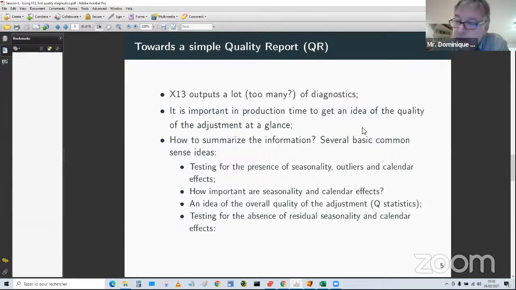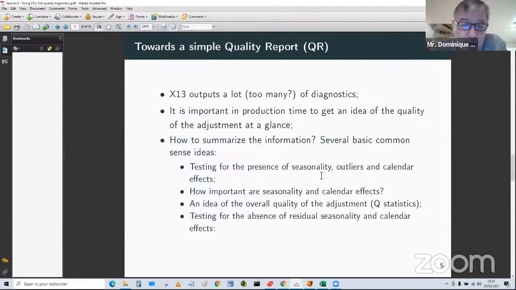You want in production time to focus on the problems, so you want a quick view of the problems, if any. Okay. How to summarize the information? By the way, here it's just basic common sense.